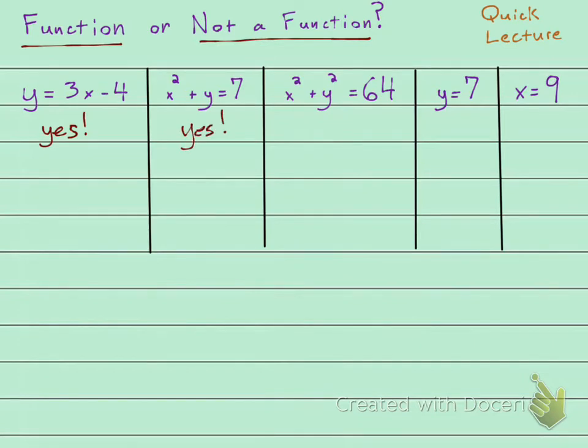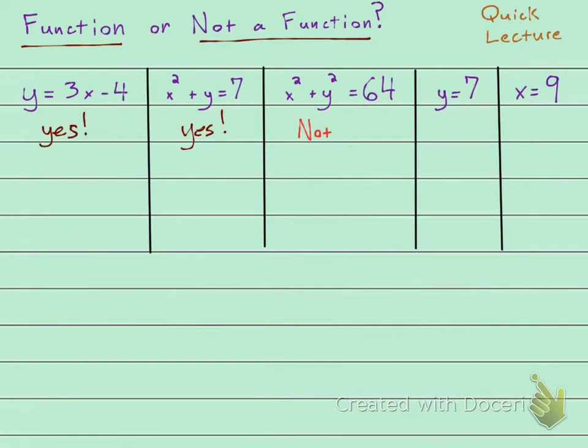Now, when you see a y to an even power, okay, so y squared, y to the fourth, y to the sixth, or to the eighth, this is not going to be a function. Okay, and I'm going to give you an explanation in a minute.